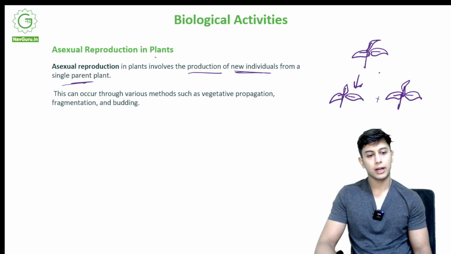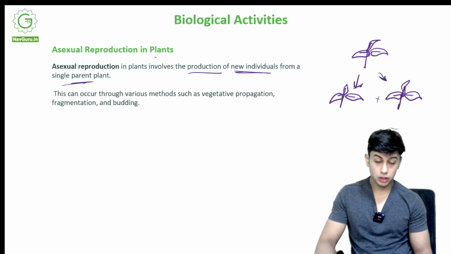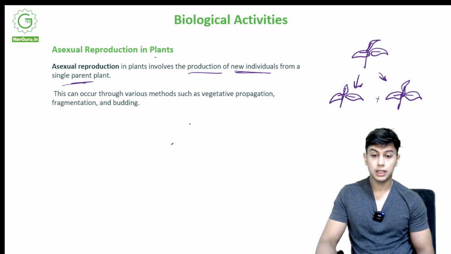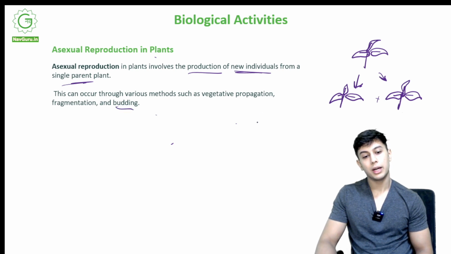From one I got two, from one I got one, maybe. This can occur through various methods such as vegetative propagation, fragmentation, and budding. I will discuss all of these in detail.